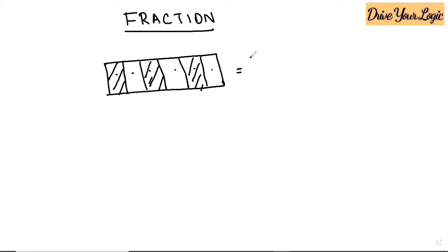So while writing the fraction, what we will do? We will write the shaded part as the numerator, and the whole parts, how many parts are there? The total number of parts, that is the denominator. So in this way, we write the top one as numerator, and the bottom one we denote as denominator.